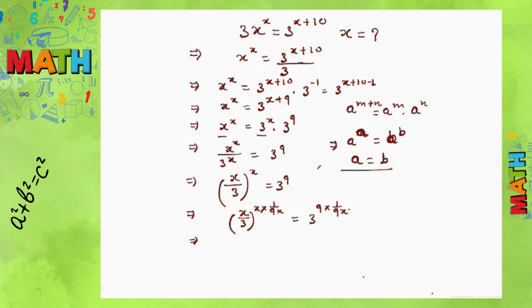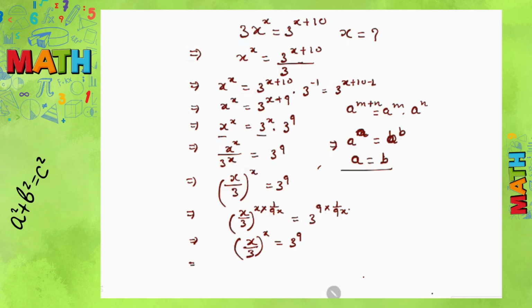This equation we can rewrite like this: (x/3)^x is equal to 3^9.